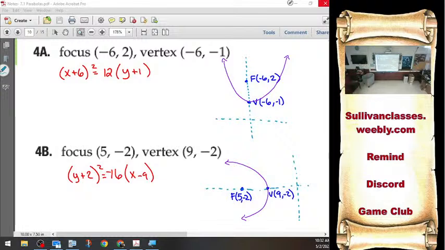Okay, so I haven't done any actual math yet. I was given this information, and I know what that information does, because I know where those things are on a parabola. Can you finish it off?